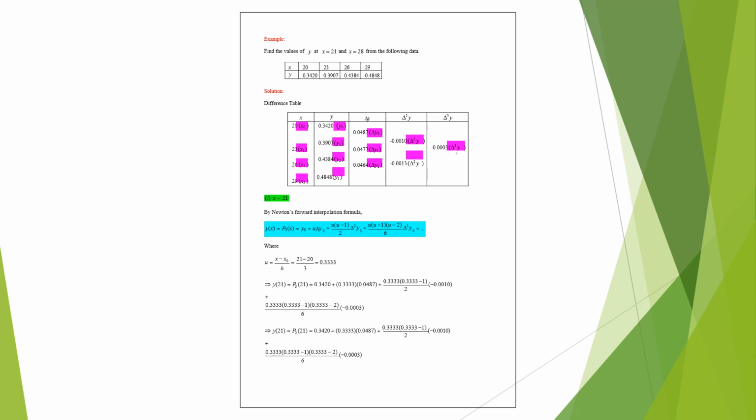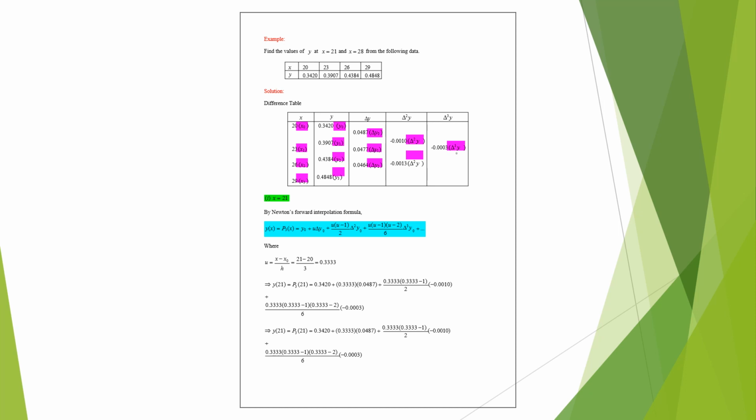Now, in the interpolation method, the values of x may be equally distant or may not be equal. That is, there may be equal intervals and there may be unequal intervals. So whenever the values of x are placed in equal intervals, we will be using either Newton's forward formula or Newton's backward interpolation formula. And whenever the values of x are placed in unequal intervals, we will be using Lagrange's interpolation formula.